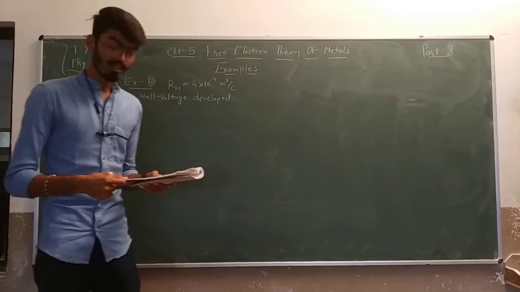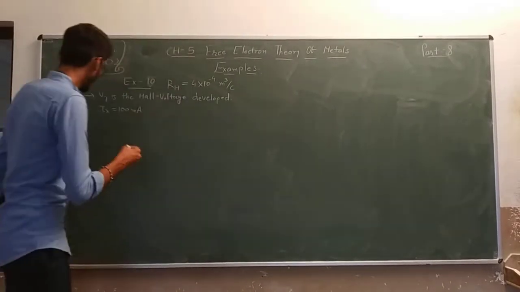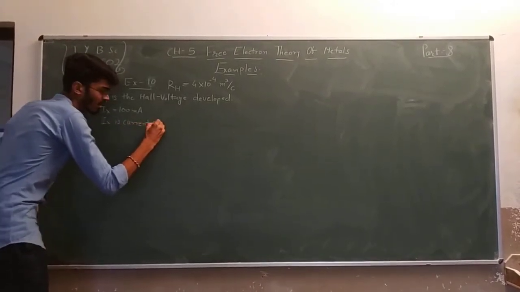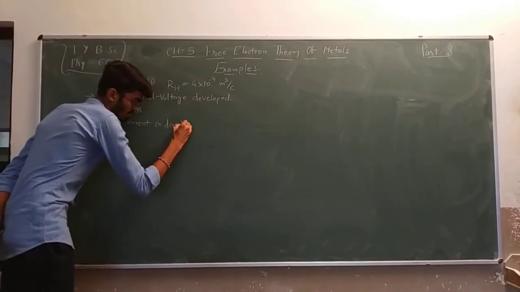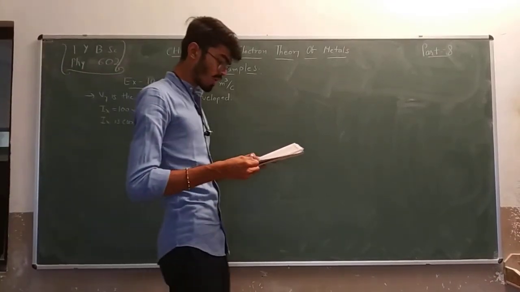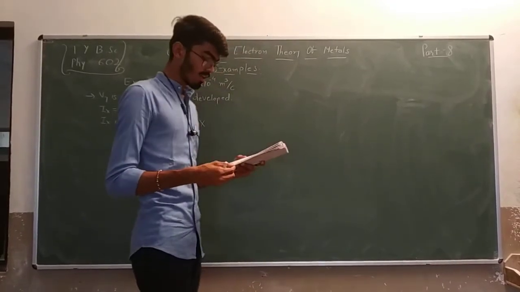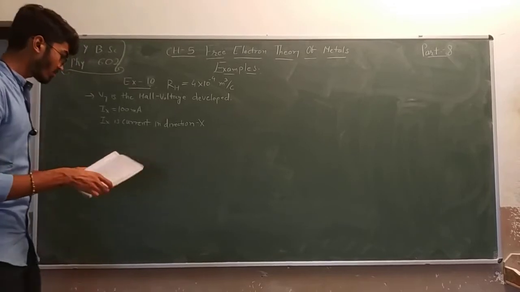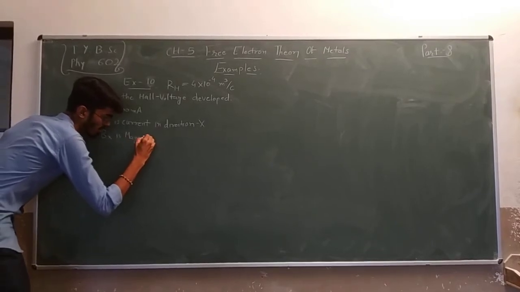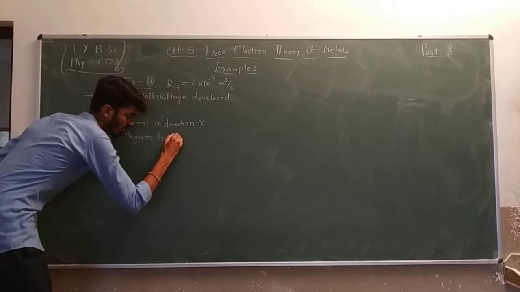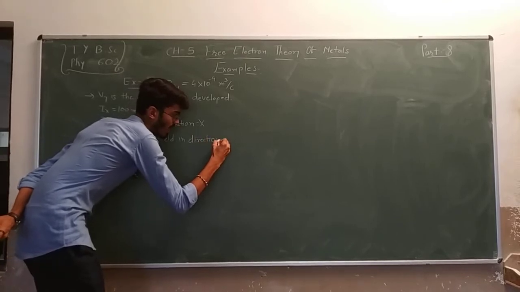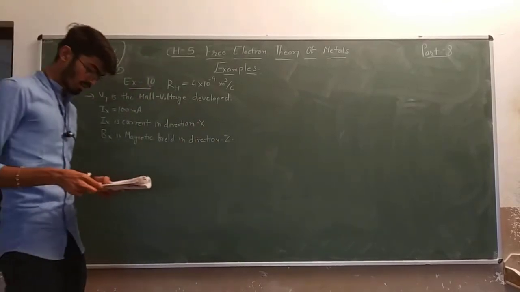I_x is the current in direction X. B_z is the magnetic field in direction Z.